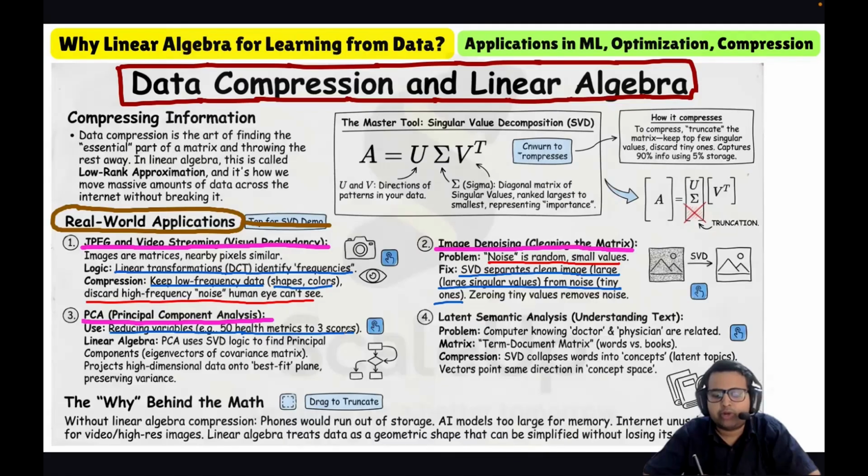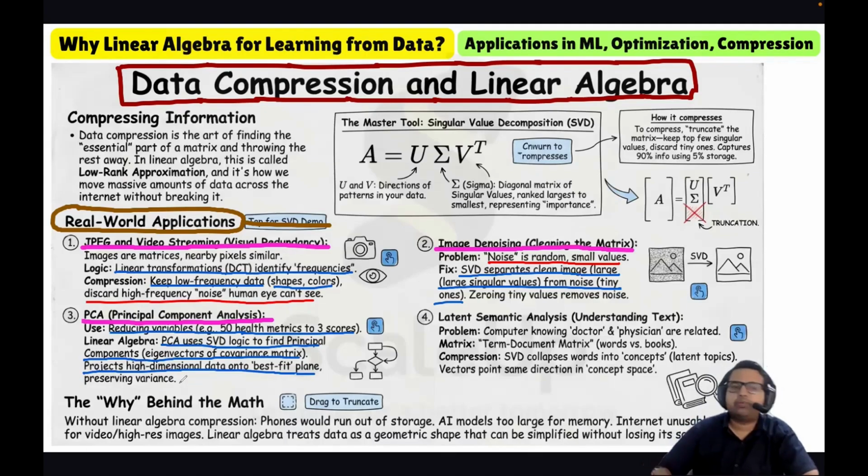Principal component analysis uses the same logic as the singular value decomposition to find the principal components, the eigenvectors of the covariance matrix. It projects the high dimensional data onto a best fit plane, preserving the maximum amount of variance.